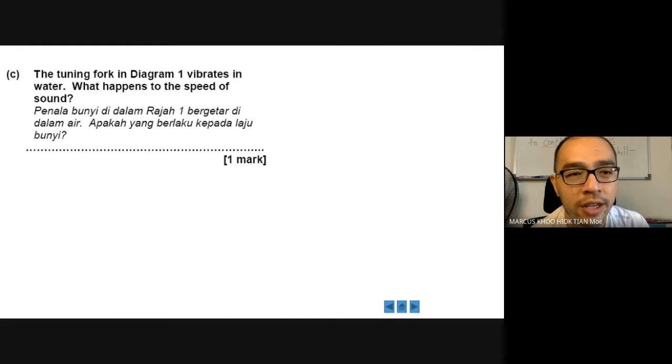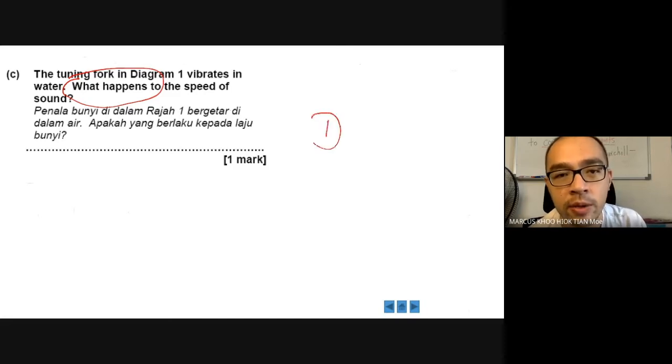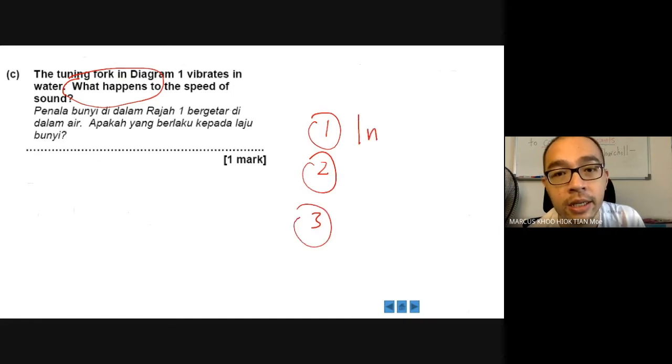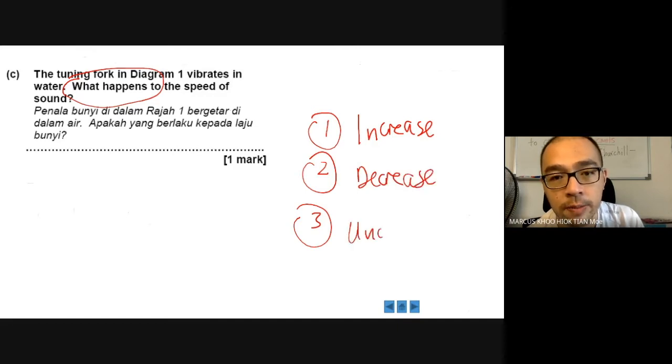If the question is what happens, most of the time, like 90% of the time, there are only three possible answers that you can put. It is either increase, or decrease, or unchanged.